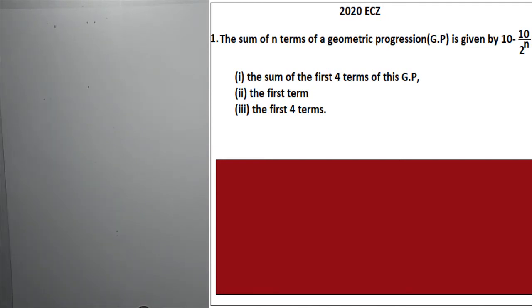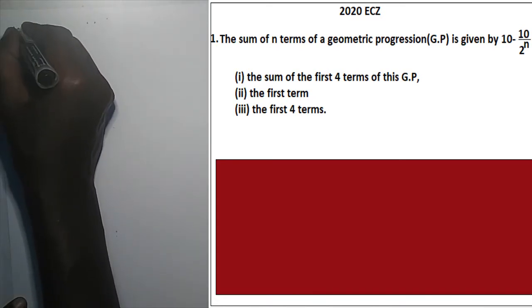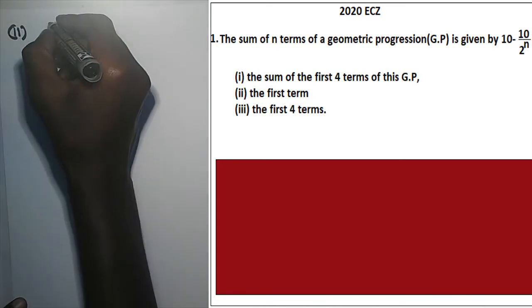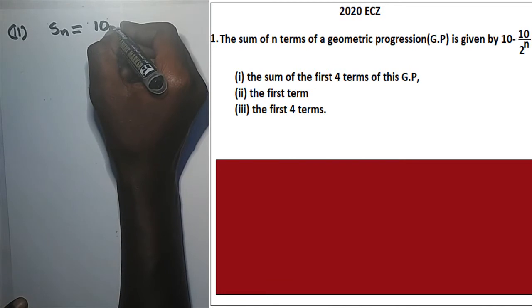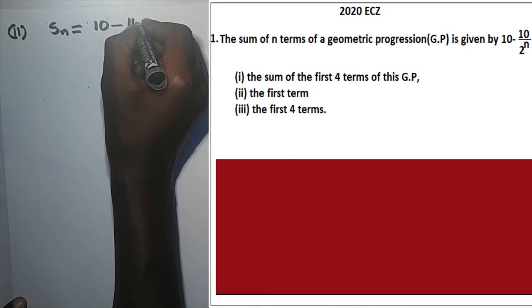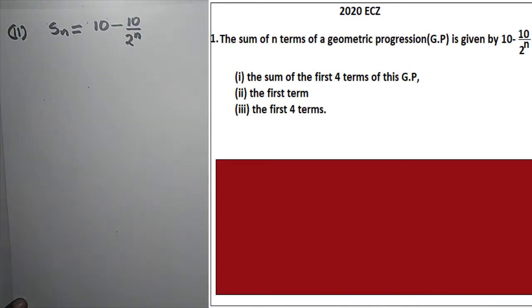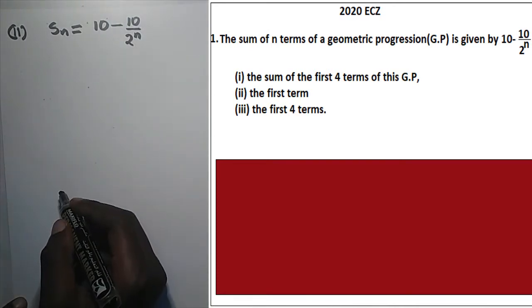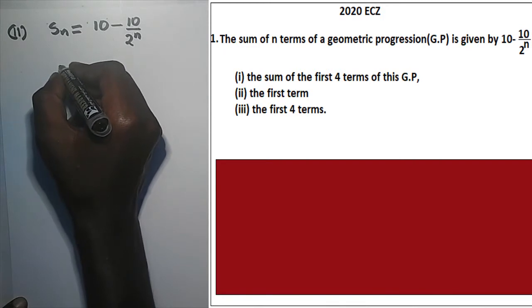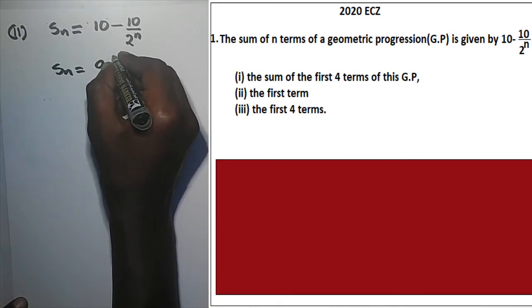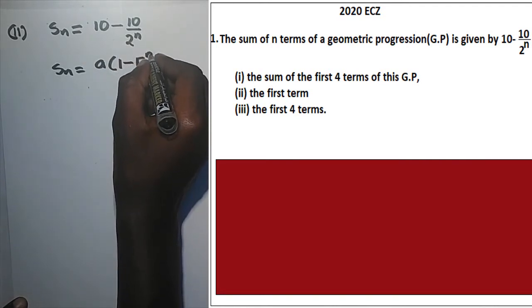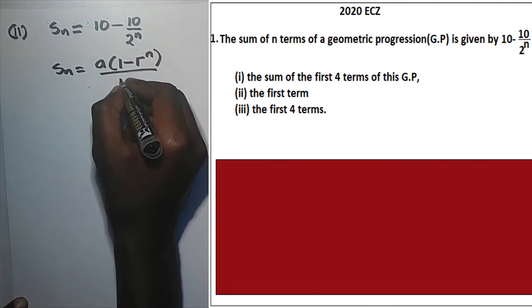So to find the first term, since we are given the sum of the first n terms of the sequence in the question, what we do now is to use the formula for the sum of a geometric sequence, which is given by a times 1 minus r to the power n over 1 minus r.